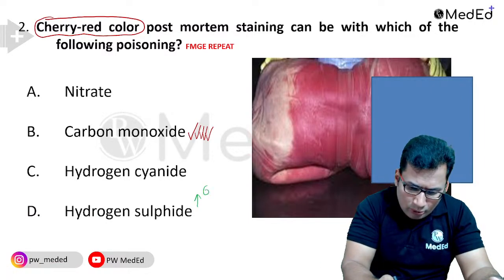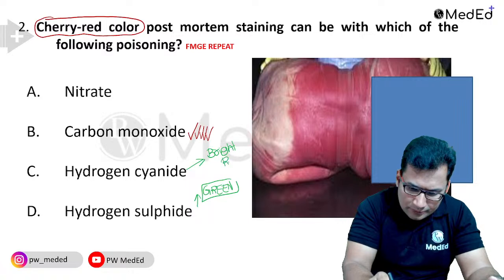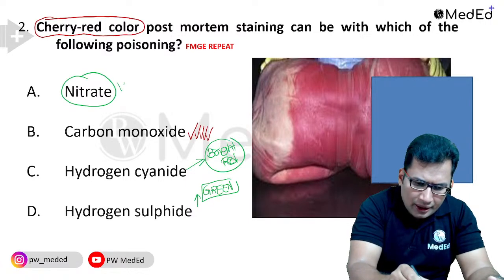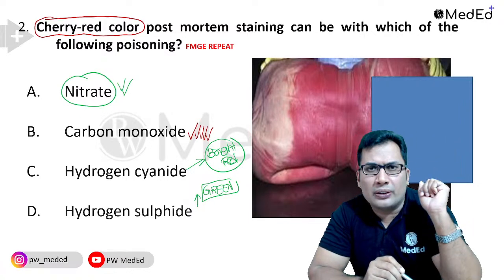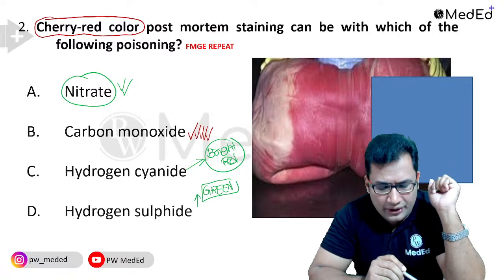It must be somewhat green in color. Hydrogen cyanide, it can be bright red, and in nitrate it can be reddish brown in color. So carbon monoxide is the correct answer.